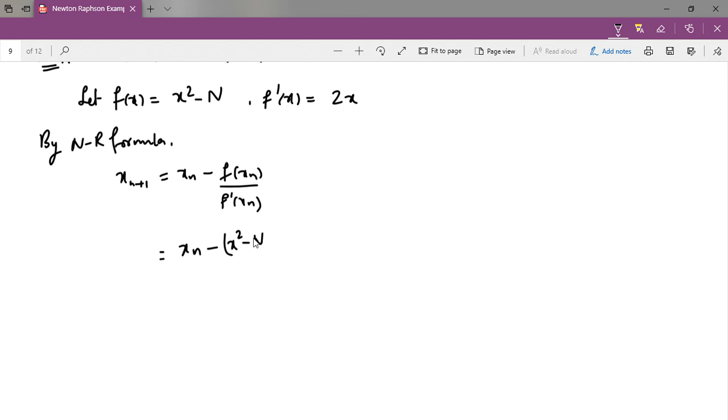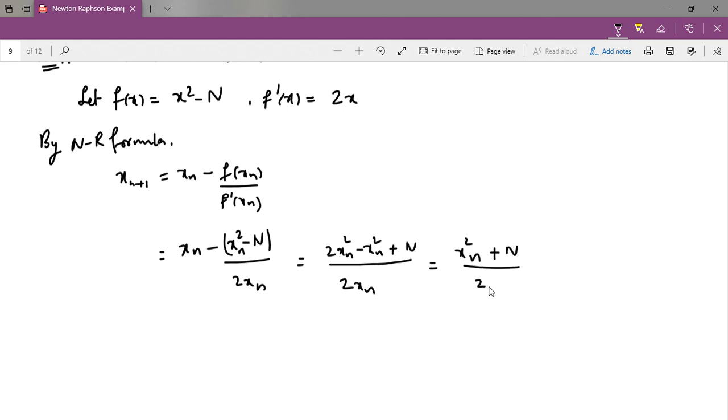What is f of xn? x square minus n, divided by f dash of xn, that is 2x, taking xn because we are taking the nth iteration. With some arrangement, this is going to be 2xn square minus xn square plus n, divided by 2xn. So this is xn square plus n divided by 2xn.